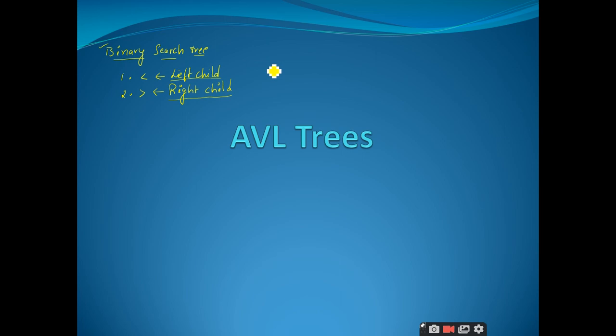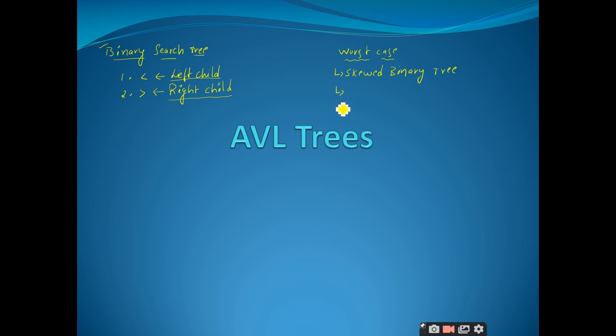So what is the worst case of the binary search tree? Can anybody tell me? Skewed binary tree. Right, super. Worst case is nothing but the formation of the skewed binary tree, whether it can be a right skewed binary tree or a left skewed binary tree. So when do we get the skewed binary tree?